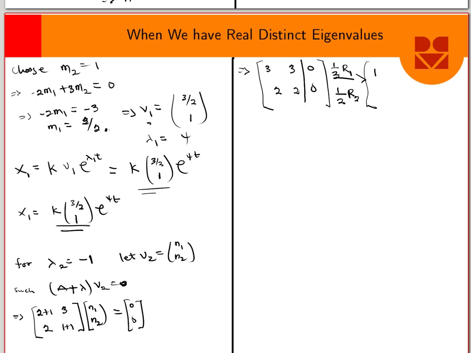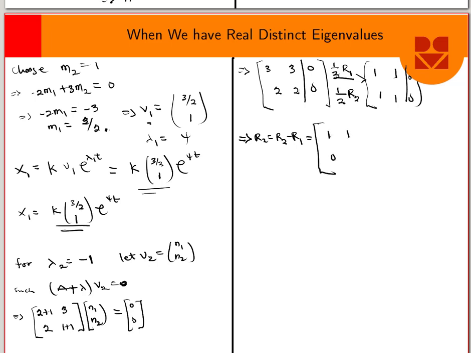So this becomes 1, 1 here, 1, 1 here, 0, 0 here. In order to do that, our new row 2 will be the old row 2 minus row 1.